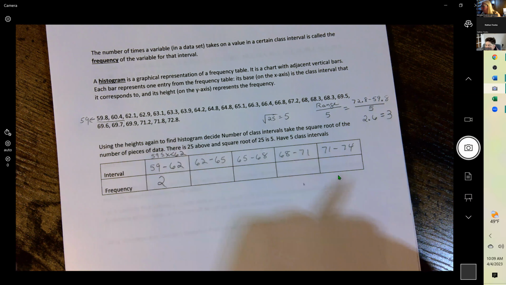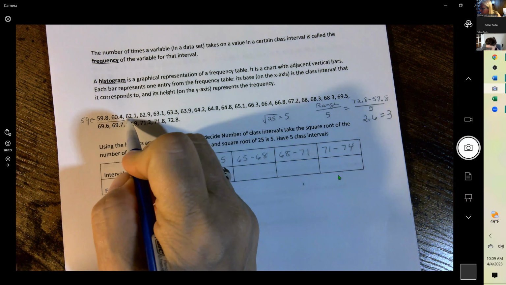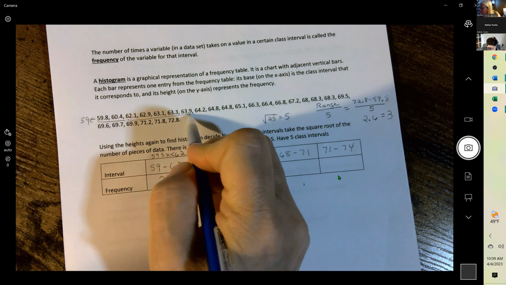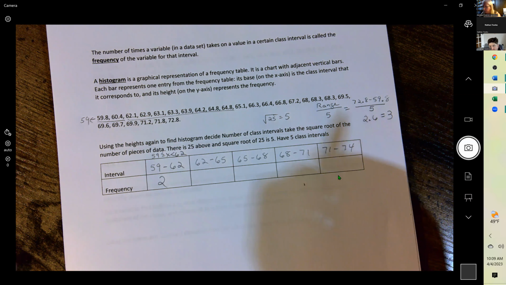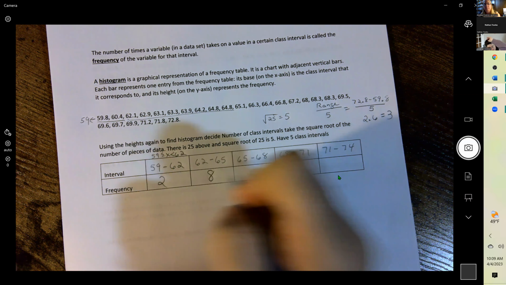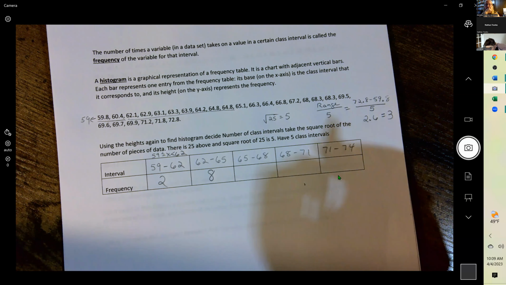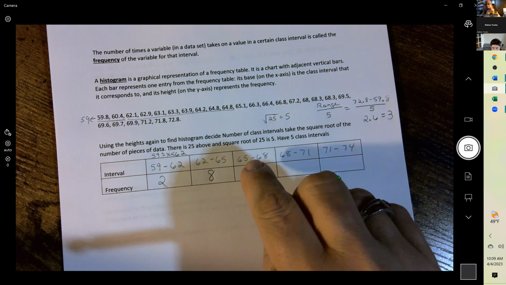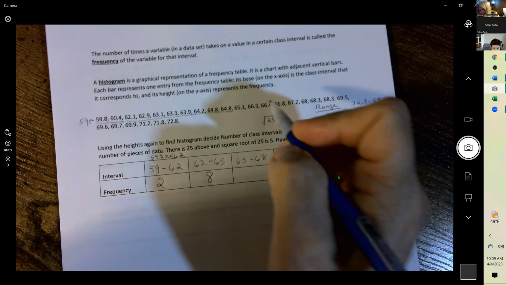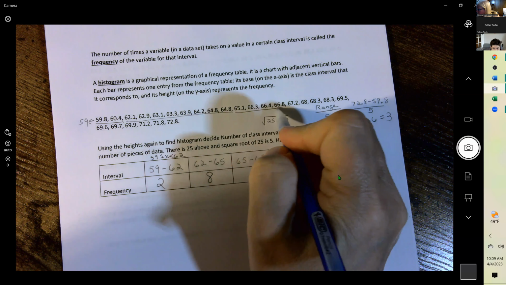62 up to, but not including 65, would be these. And there's 8 of them. 65 up to, but not including 68: 1, 2, 3, 4, those 5. Any questions?